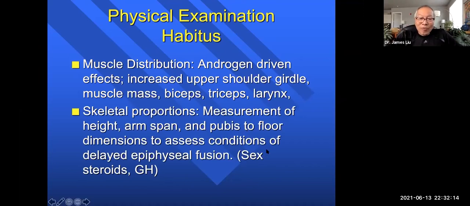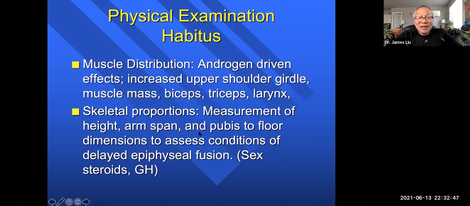The skeletal proportions are important because if you have a delay in the estrogen closing the epiphyses, you begin to see conditions which delay the epiphyseal fusion. And so when you measure the height, the arm span, and the pubis to floor dimensions, the arm span to pubis floor dimensions are not 1-to-1 in comparison to the height.